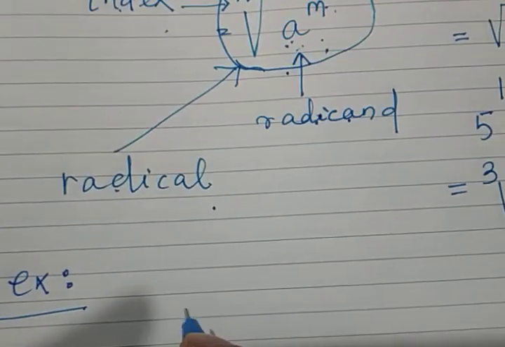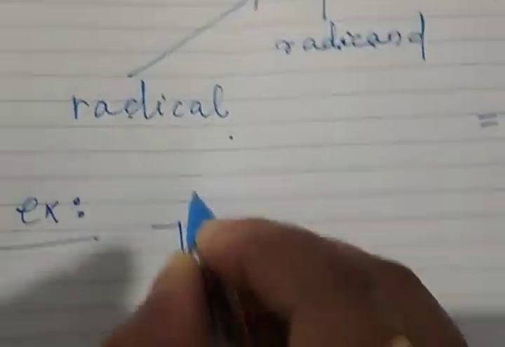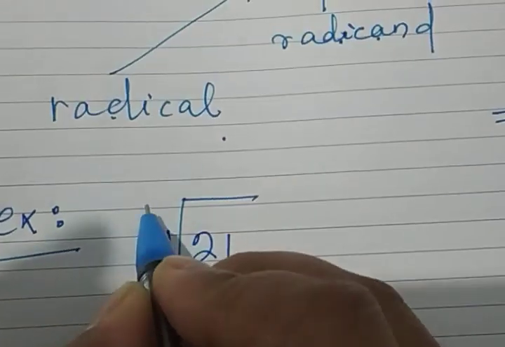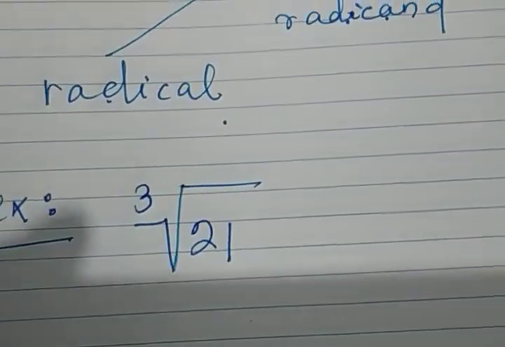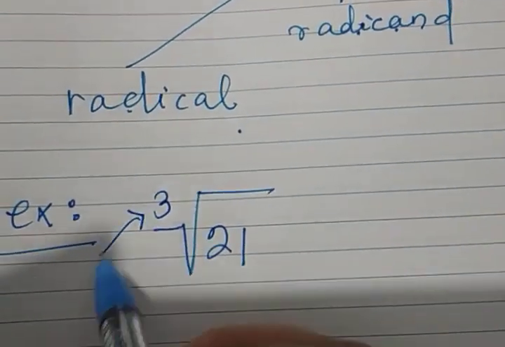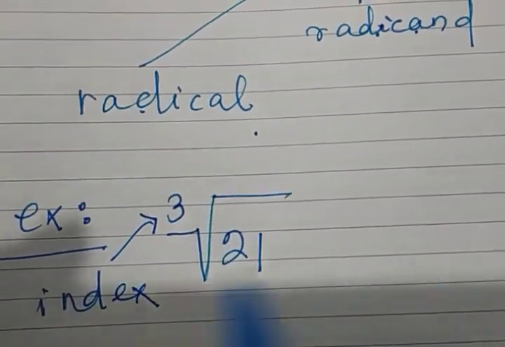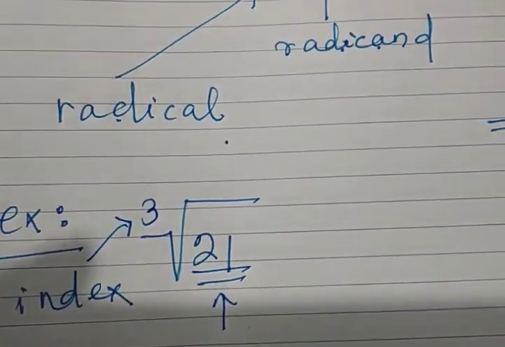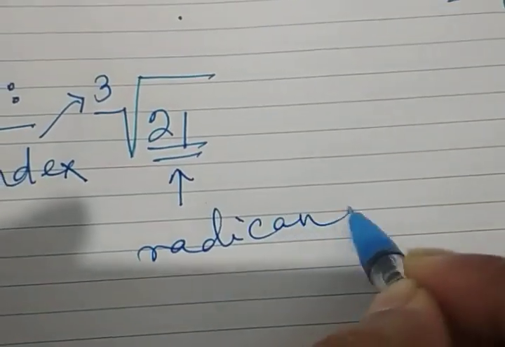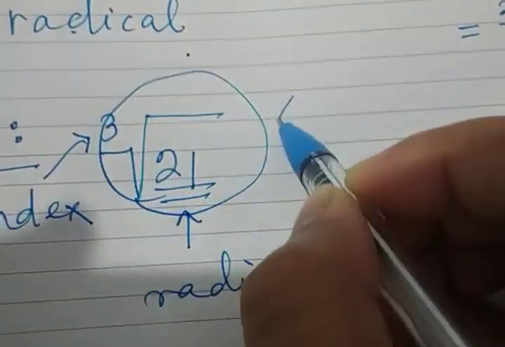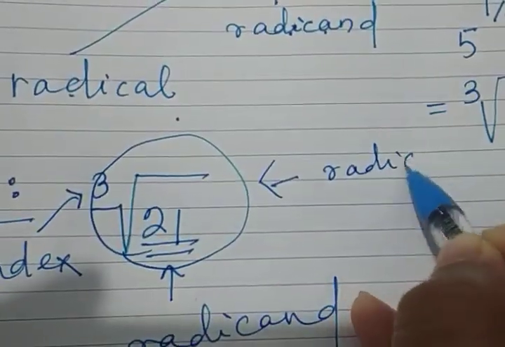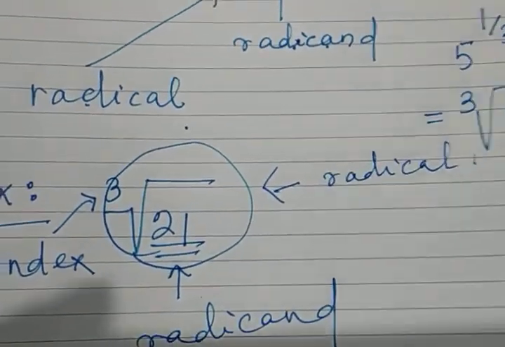Suppose we take the example cube root of 21. Here 3 is the index, 21 is the radicand, and the entire term is the radical. Let's take one more example.